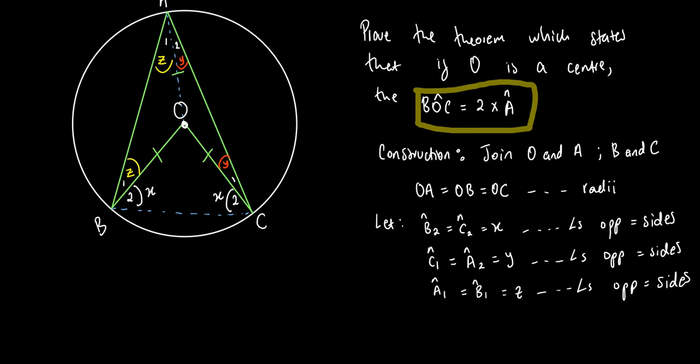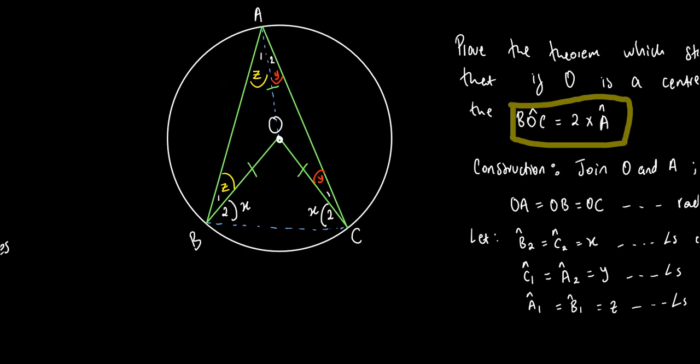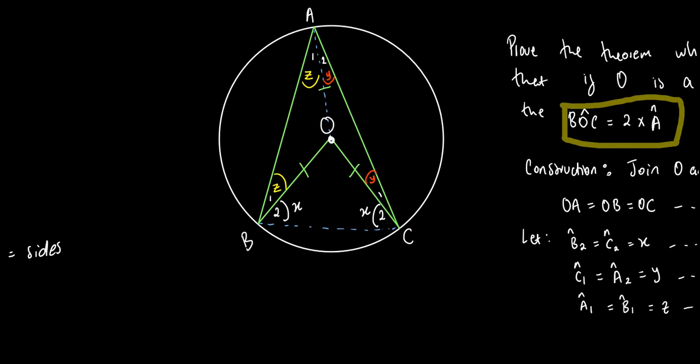What are we going to do next? Let me go to this side so that I can finish it off. After writing this part, because I said it's standard procedure, that part is common for all of them. The only different thing now is going to be the theorem itself.